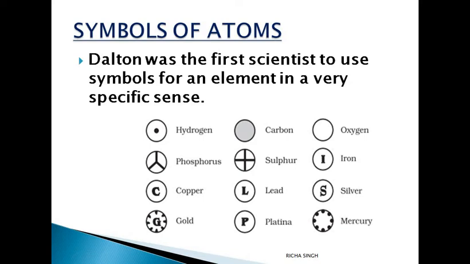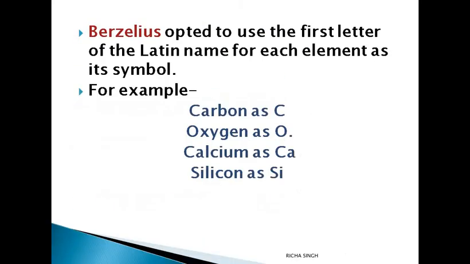It is inconvenient to draw the symbols, and most importantly, learning these symbols was not an easy task. Then Berzelius, a Swedish chemist, suggested that the first letter of the name of the element be taken as the symbol for the element, written in capital, like you can see on the screen: carbon as C, oxygen as O.